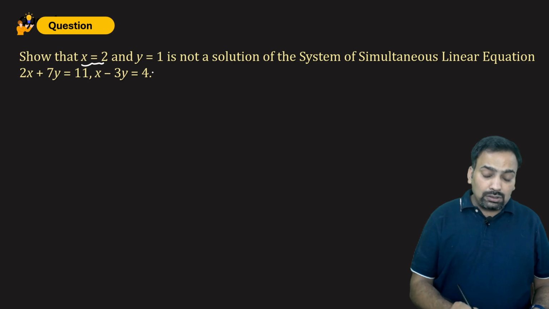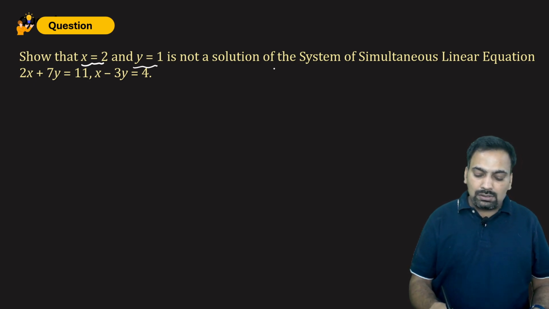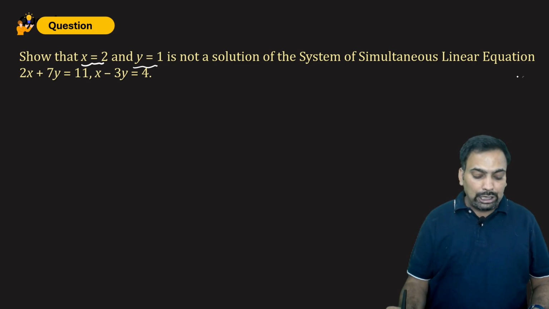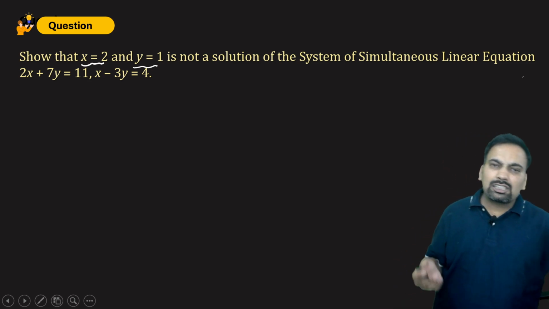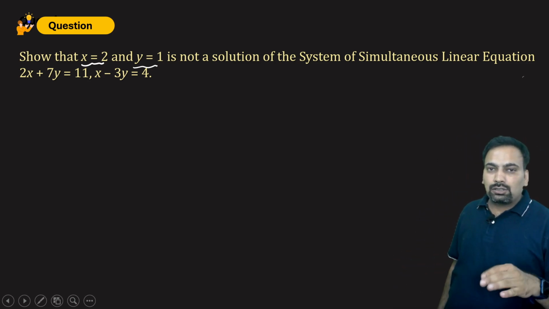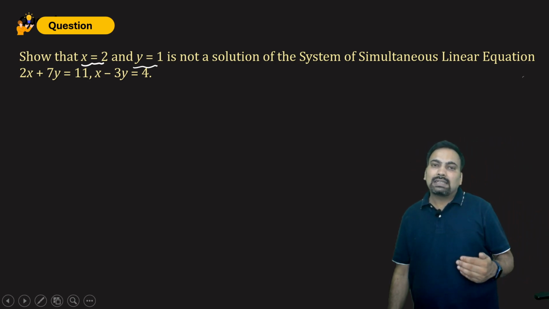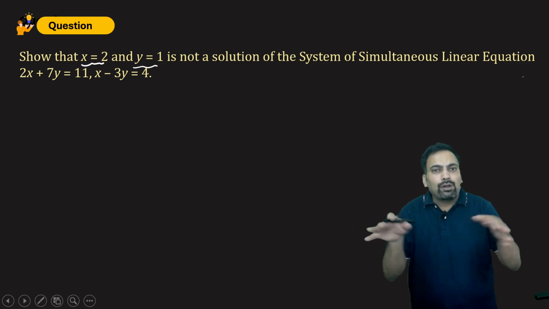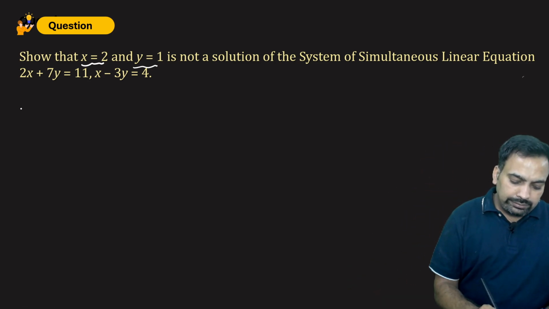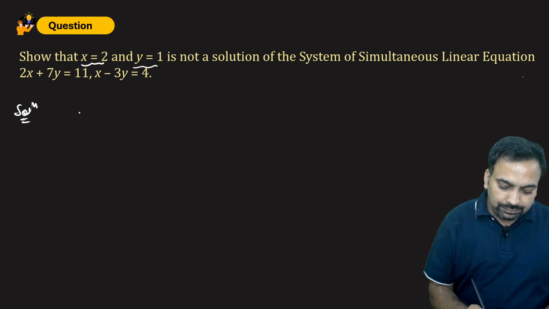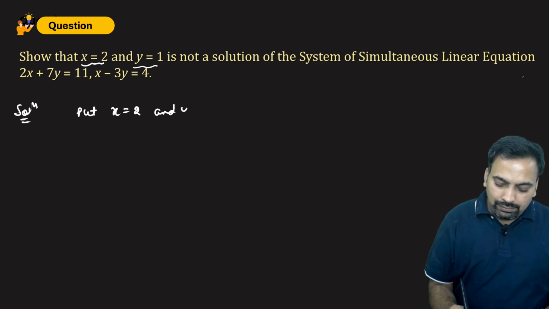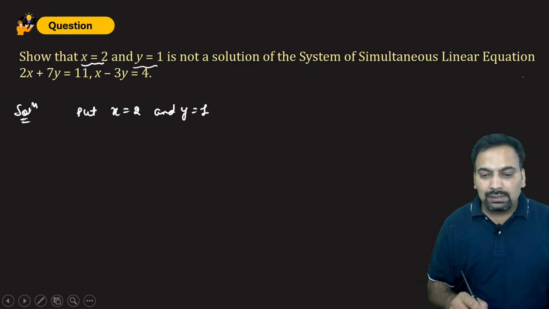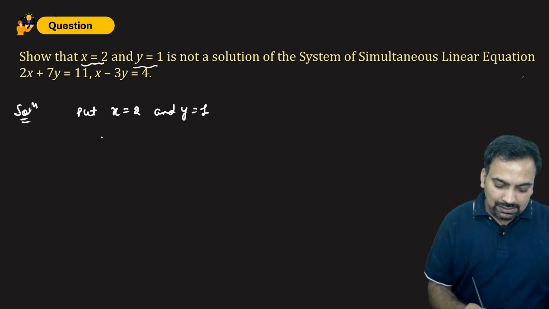Show that x is 2, y is equal to 1 is not a solution of the system of simultaneous linear equations. So how do you show that? Just put the values of x and y in each of the equations. If both equations are satisfied, it is the solution. If not satisfied, then not a solution. Now do it fast. Put x is equal to 2 and y is equal to 1 in both equations. So I am taking this first equation.